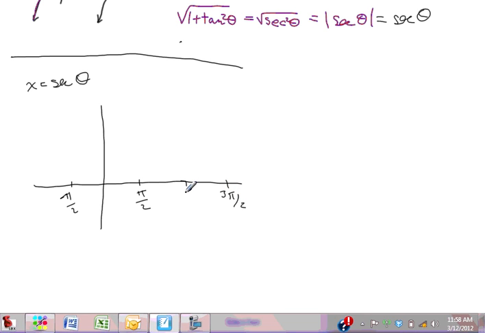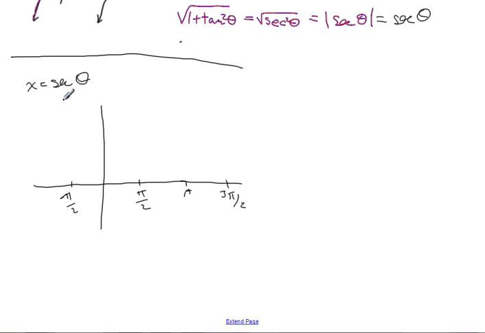And it looks like u's and upside down u's in between.